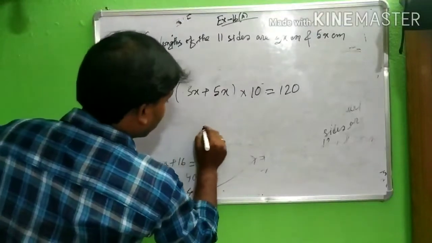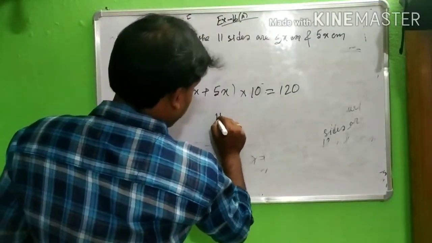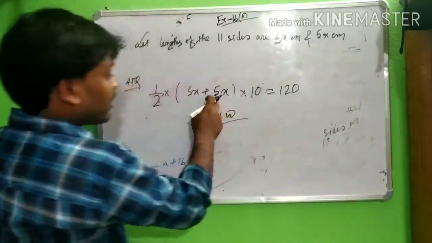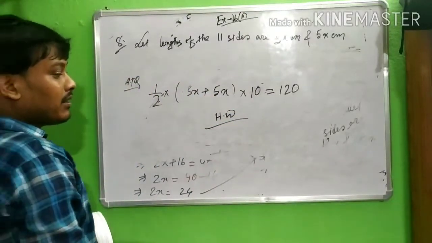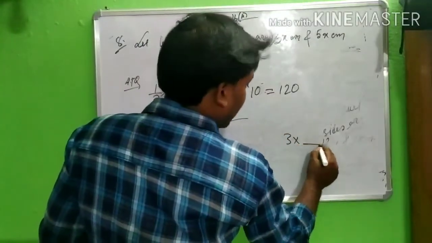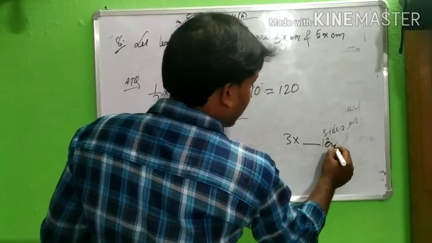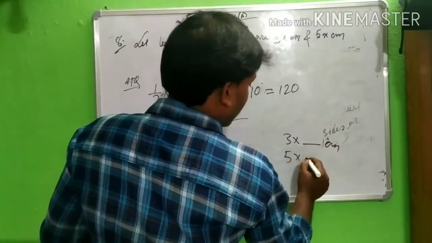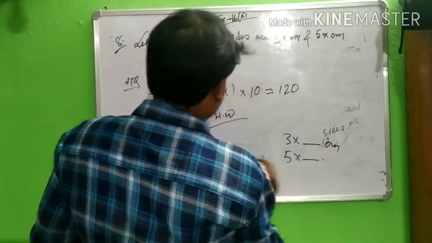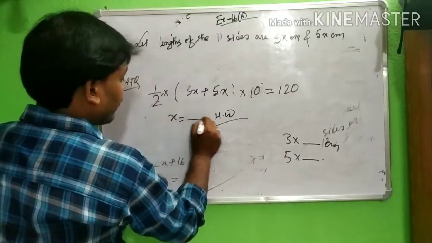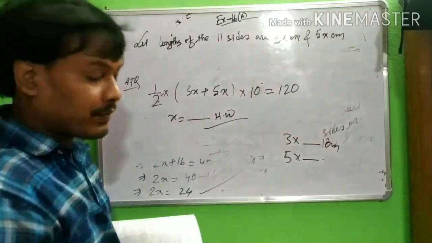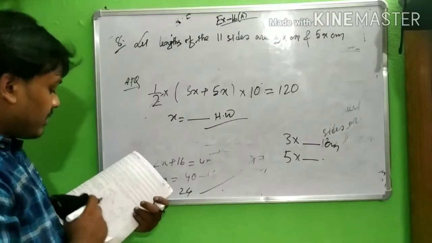It is your task. So 3 into x centimeter and 5 into x centimeter, from here you find the value of x. Very easy.